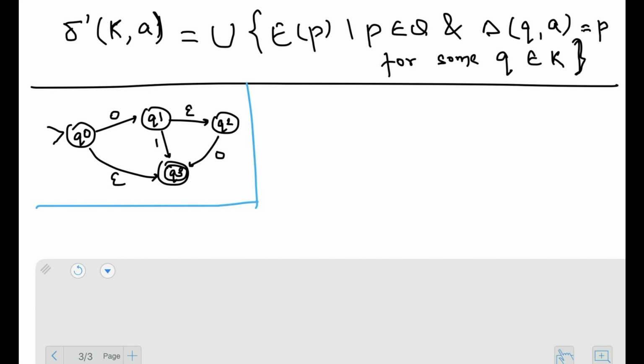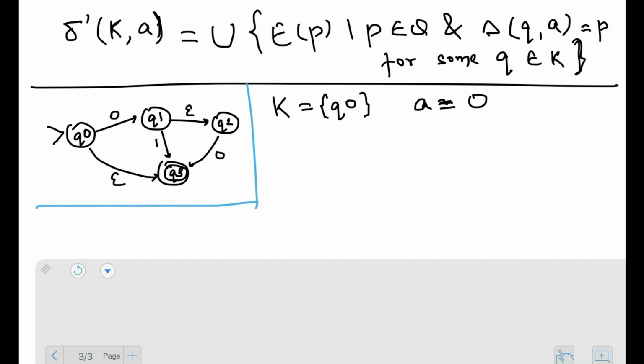So for my first case, let me just take k as equal to Q0, which is a subset of Q, so that works. So k is equal to Q0, and let me take a is equal to 0. So I want to know where does my DFA go from the state Q0 on a 0 input.